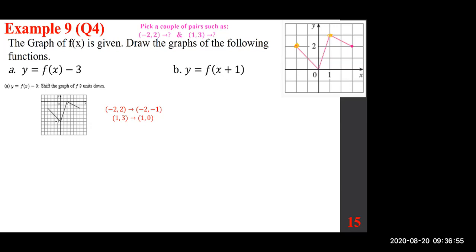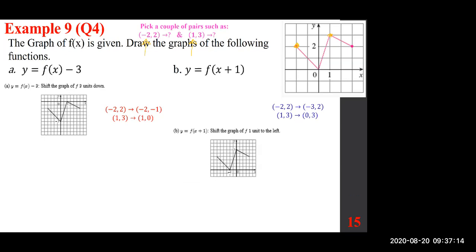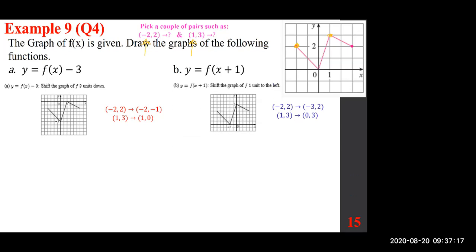So the first one is -2, subtract 1 becomes -3. The second one, the x coordinate is 1, subtract 1, and you have those pairs, and here's the graph. Again, this is not to scale, but I hope you get the picture.